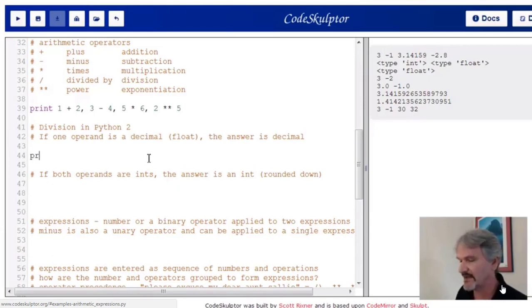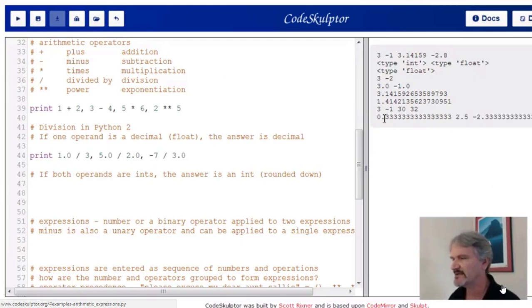So for example, I could say print 1.0 divided by 3, or 5.0 divided by 2.0, or minus 7 divided by 3.0. And what would come out when I run that is what I'd expect: a decimal approximation of 1/3, 5 halves, and minus 7/3.